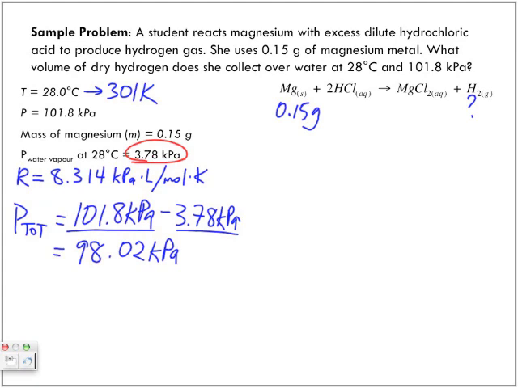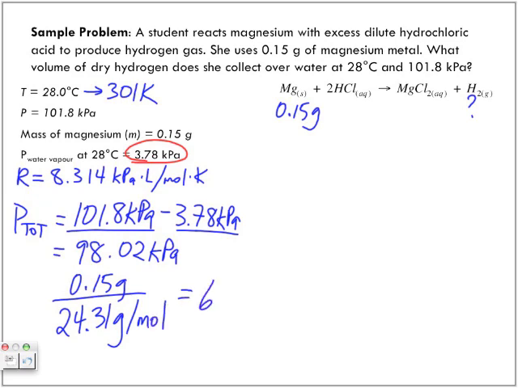Now we want to find the amount of magnesium. The mass of magnesium, 0.15 grams, divided by the molar mass of magnesium gives us the number of moles, 6.17 times 10 to the power of -3 moles.